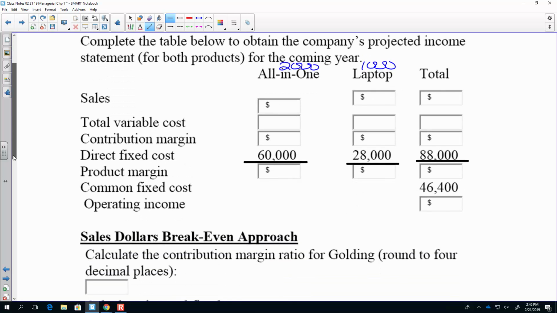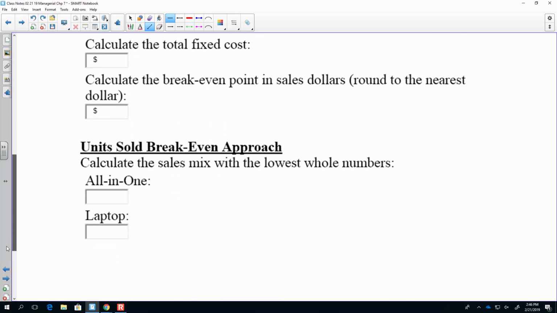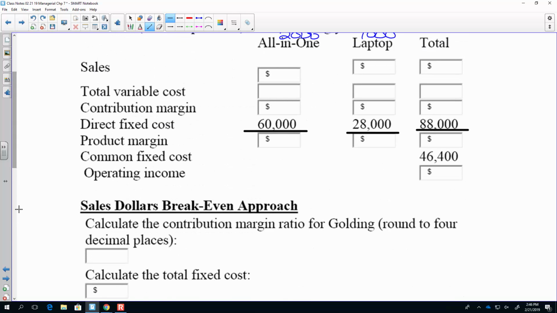Now we're going to cover this also in another chapter, segmented income statements. But I think I'm going to skip that, guys, for now. I do want to mention, though, we had a discussion on direct versus common fixed cost. For a segmented income statement, direct means traceable to the segment, as opposed to the common not traceable.